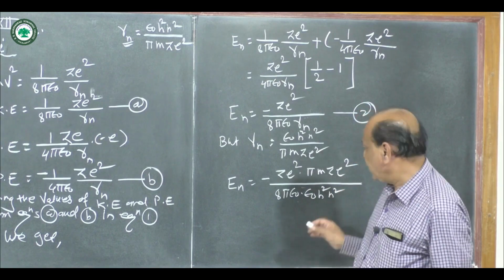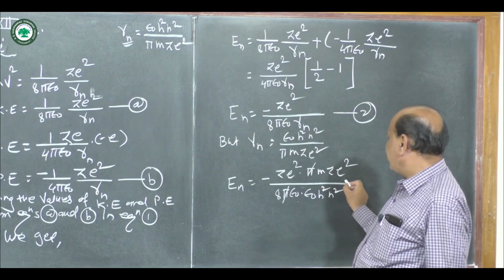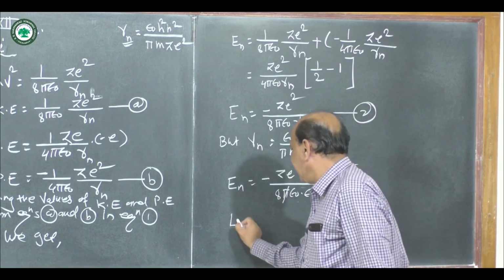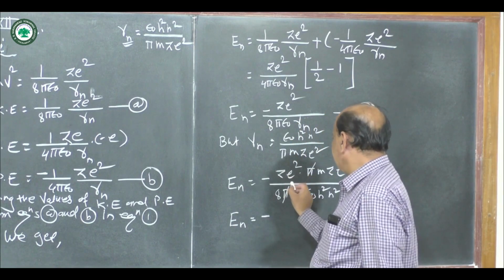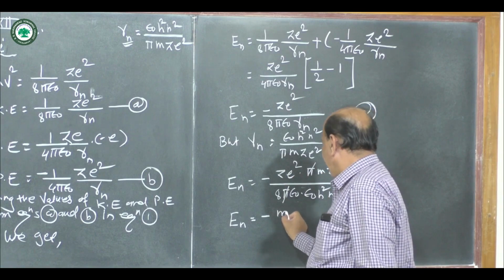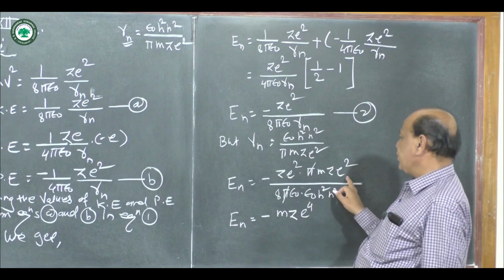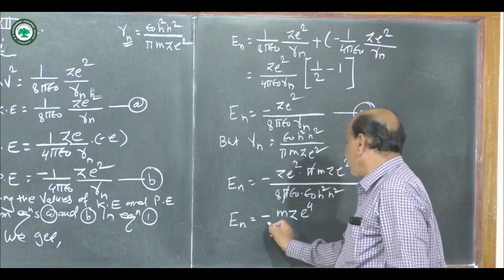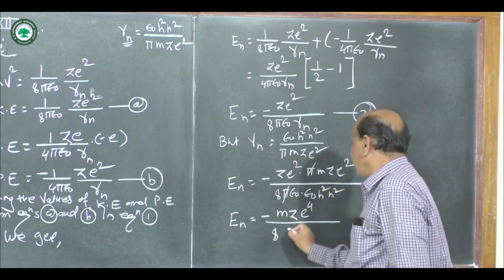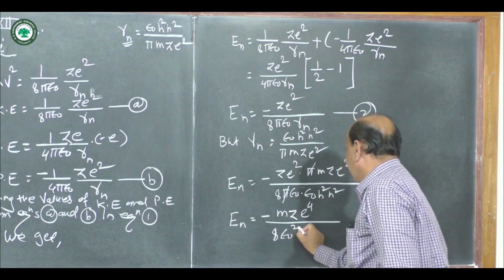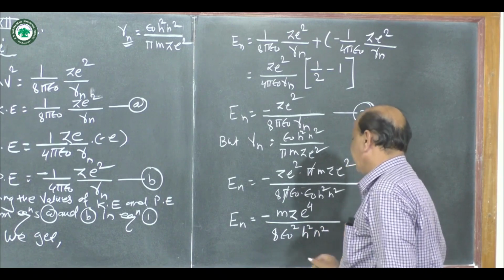Now cancel pi with pi, then En is equal to minus m Z square e raised to 4 divided by 8 epsilon 0 square h square n square.